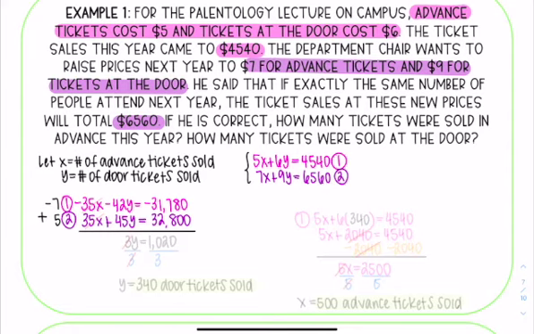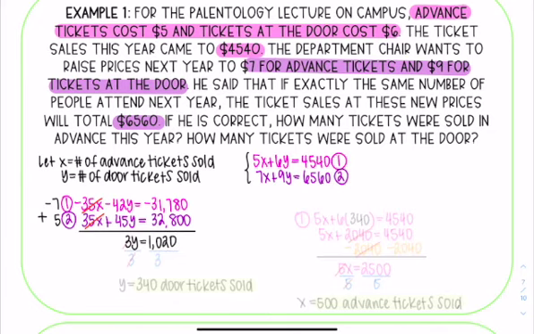So negative 35 and 35 are going to cancel. Negative 42 plus 45 gives me 3y, and negative 31,780 plus 32,800 gives me 1,020.